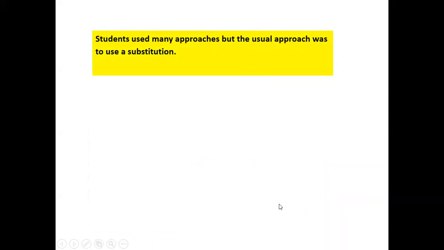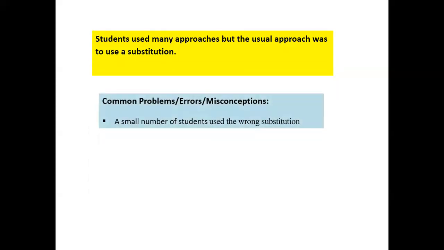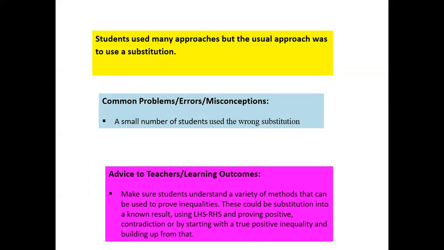As I said, the students used many approaches, but the usual approach was to use a substitution. And this particular question was really well done. It's just a small number of students who used the wrong substitution, and they made it really difficult for themselves. The advice to the teacher is to make sure students understand a variety of methods that can be used to prove inequalities.